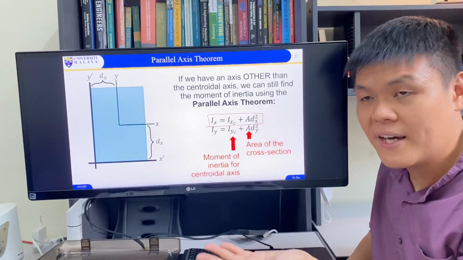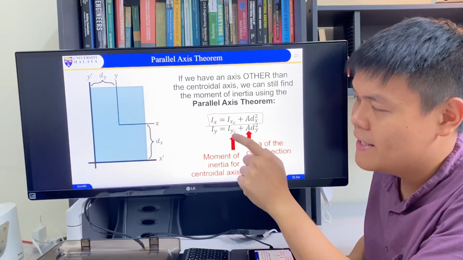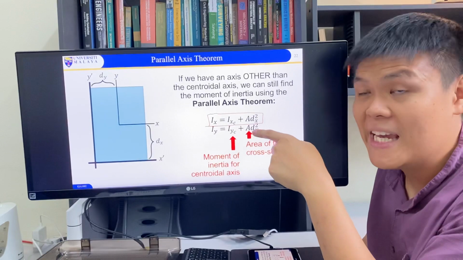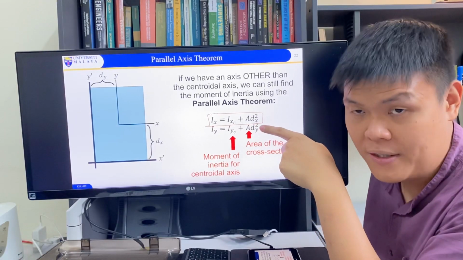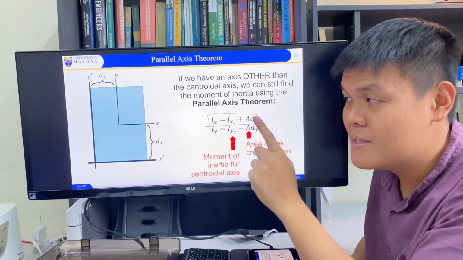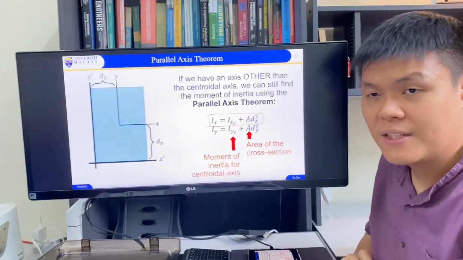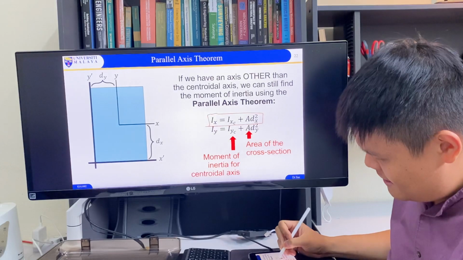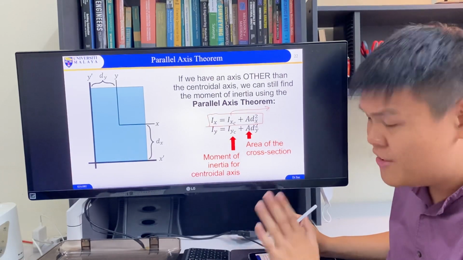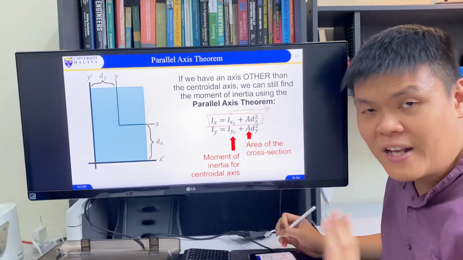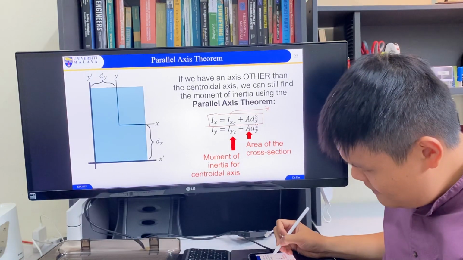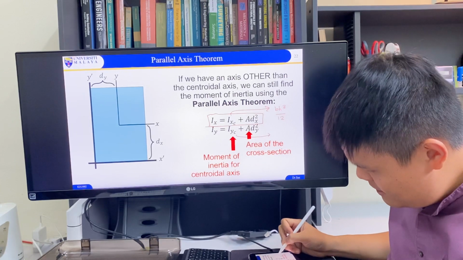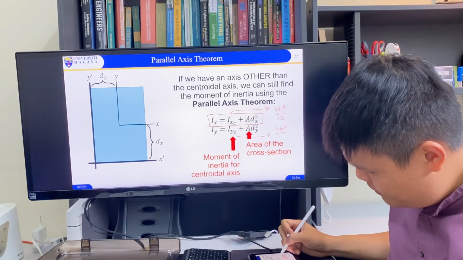Same with Y. You just find Iy for the centroidal axis, plus A dy squared. The area times dy squared. Now remember that for a normal rectangle, for a centroidal axis, this one will be bh cubed over 12, and this one will be hb cubed over 12.